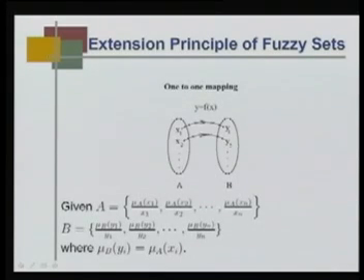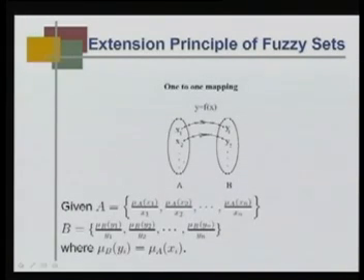You see here, this is the extension principle of fuzzy sets. So, this is our fuzzy set A. As usual, in the last class we said that a fuzzy set is always an ordered pair, where the member and the associated membership function are given.